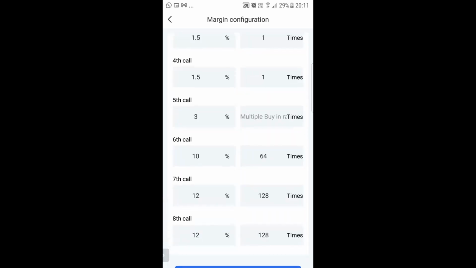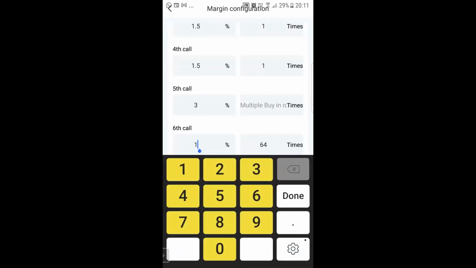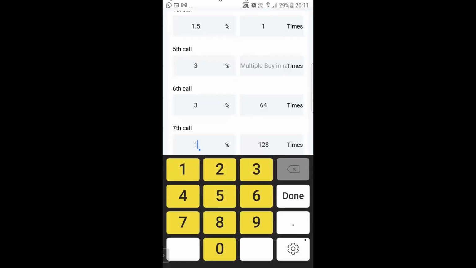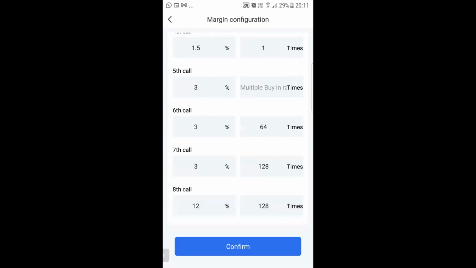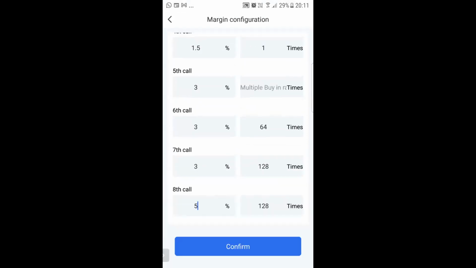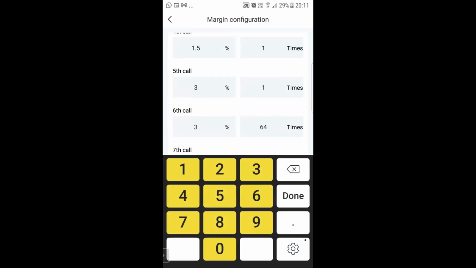So what we will do is this. We can make this to drop by 3%, and maybe if the market really goes down like that, you can put maybe, let's say 5% down there, the last one. So now what will happen is this. We're going to buy 1 times again here.